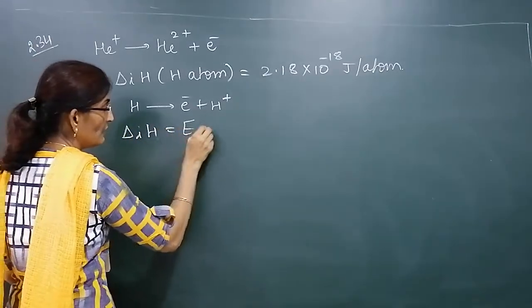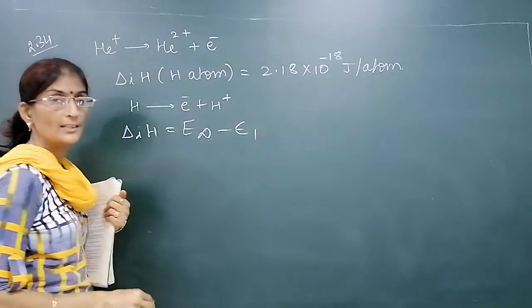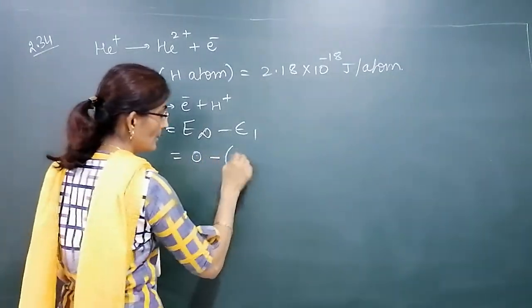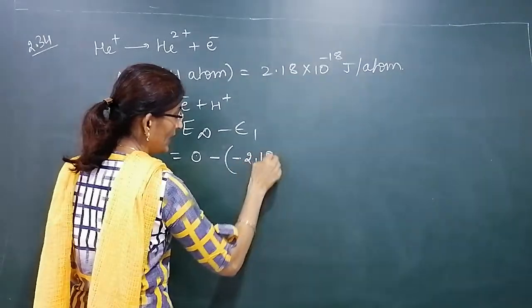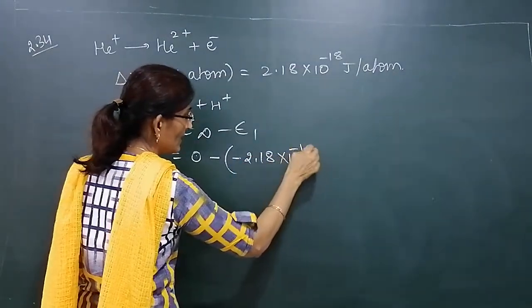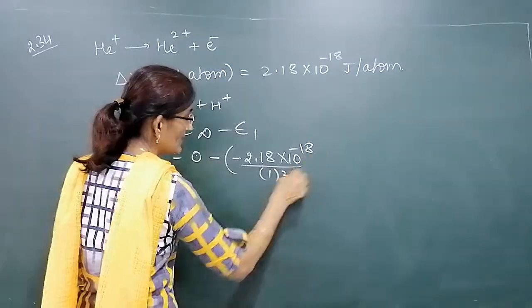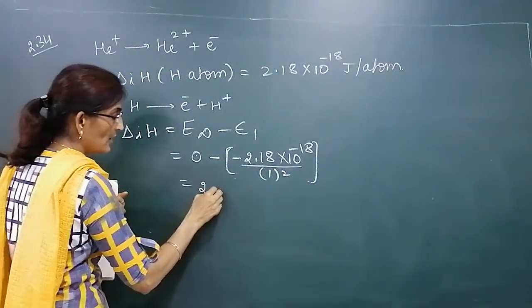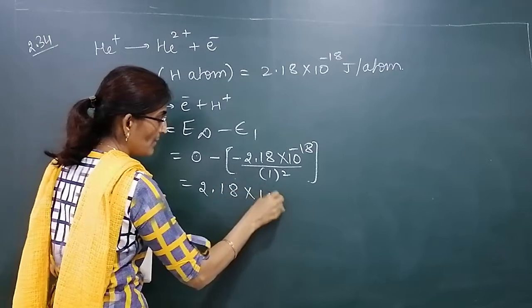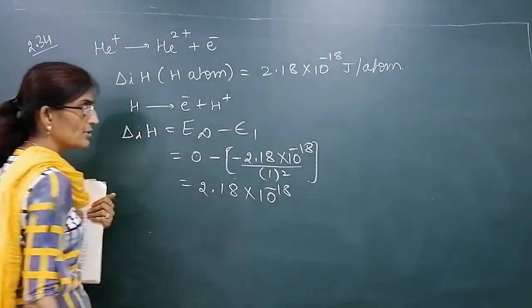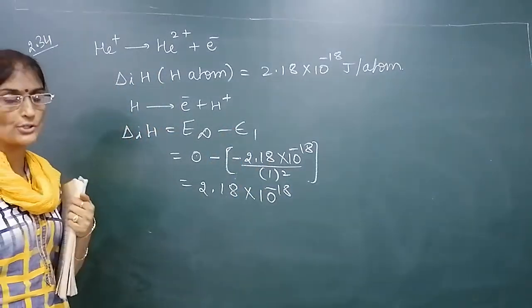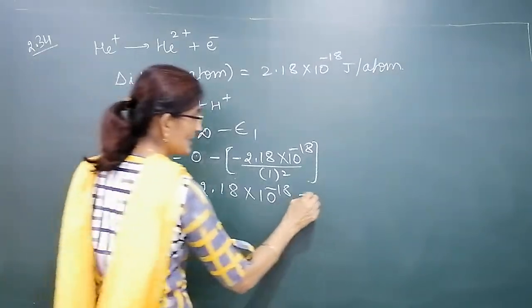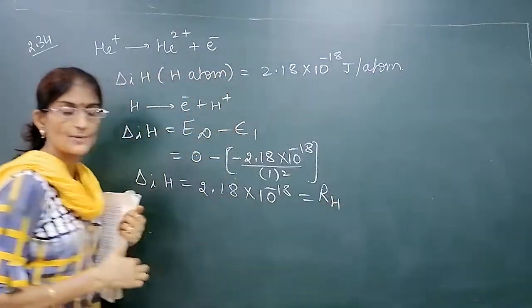It is E infinite minus E1. E infinite is 0, and E1 is minus 2.18 into 10 to the power minus 18 divided by n square, that is 1 square. So this we can take as RH also. Ionization energy for hydrogen atom is same as Rydberg constant RH.